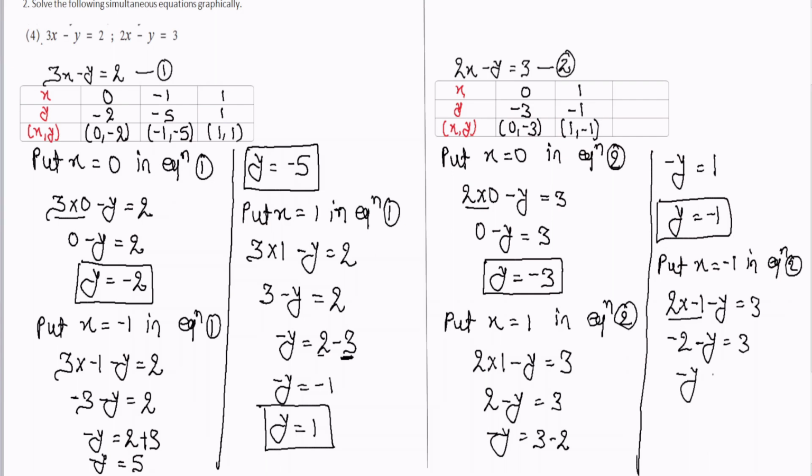So minus y is equals to 3 plus 2. Minus y is equals to 5, y is equals to minus 5. So when x is equals to minus 1, y will become minus 5. Solution will be minus 1 comma minus 5. Got it everyone? Okay.